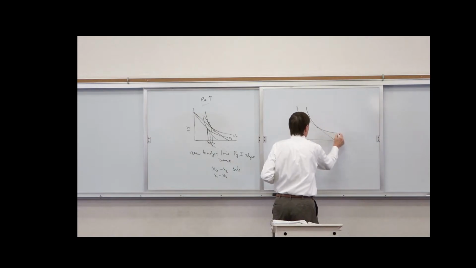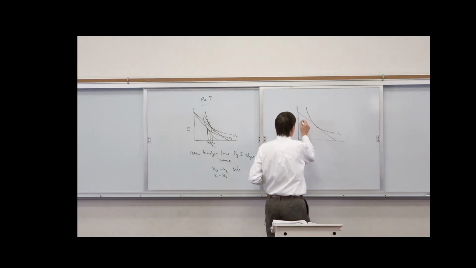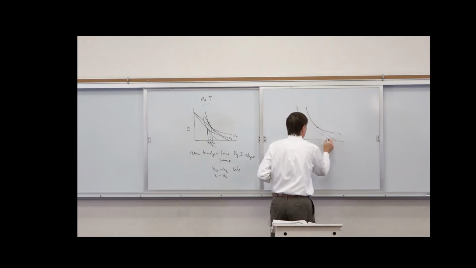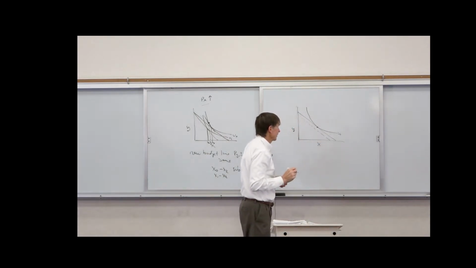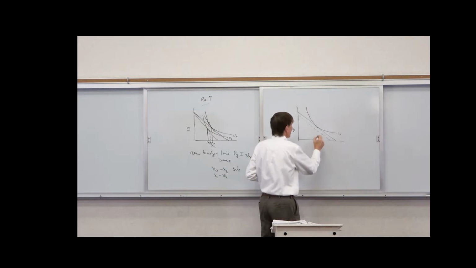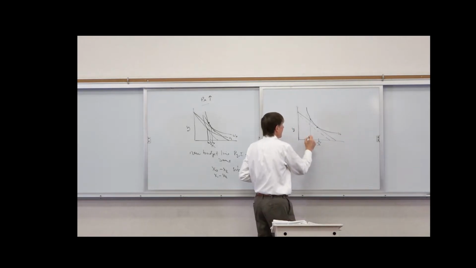Right? I could start out here at U0, and we have y and x here. It's possible that I could end up with an indifference curve where the substitution effect was here, right? So we go from x0 to x1.